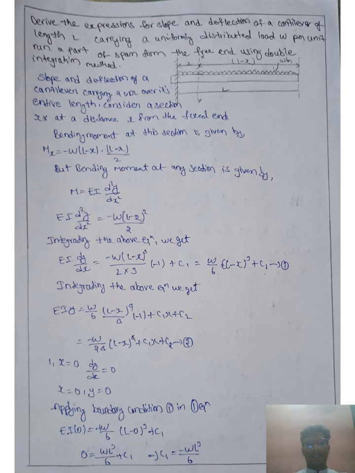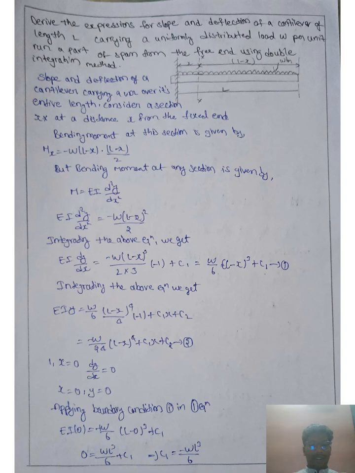But the bending moment at any section is also given by M equals E I d square y by d x square. By substituting, we get E I d square y by d x square equals minus W into (L minus x) whole square by 2.